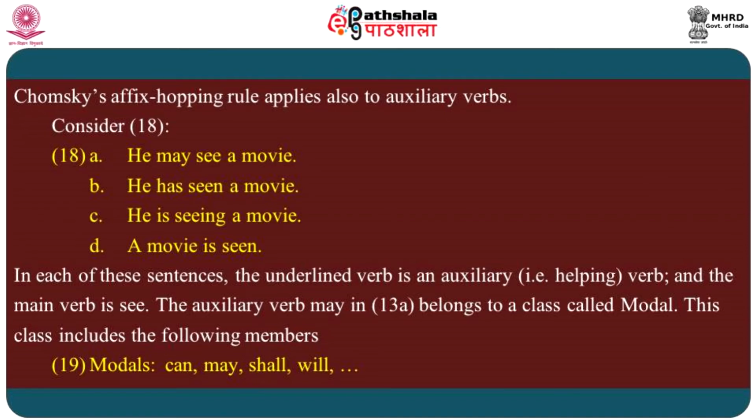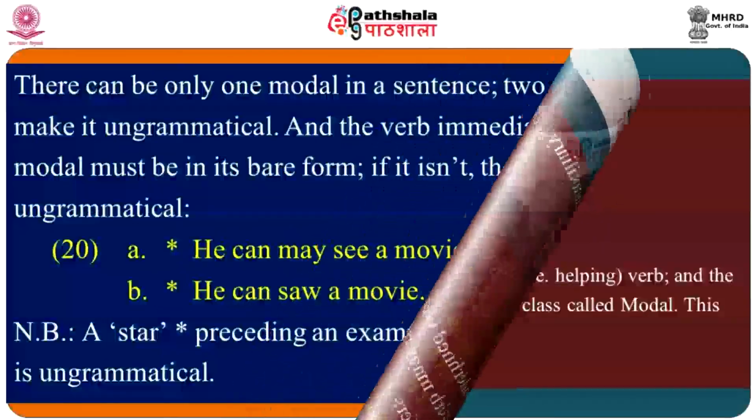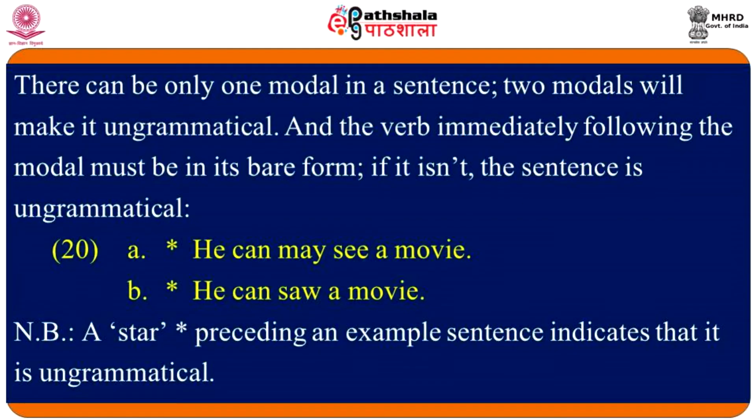The auxiliary verb may in 13a belongs to a class called modal. This class includes the following members: can, may, shall, will, etc. There can be only one modal in a sentence.